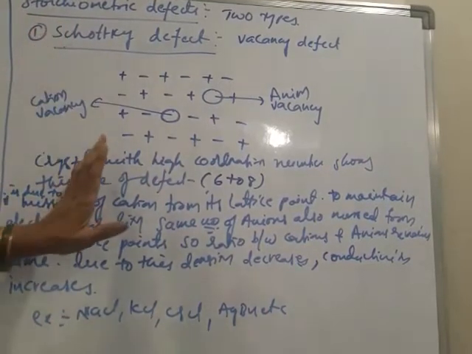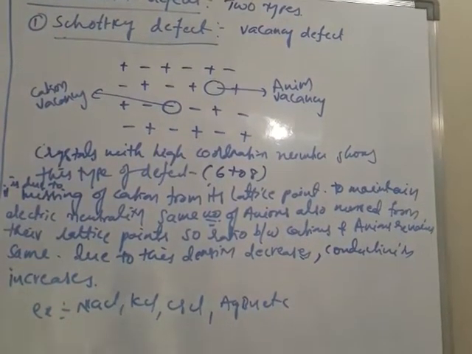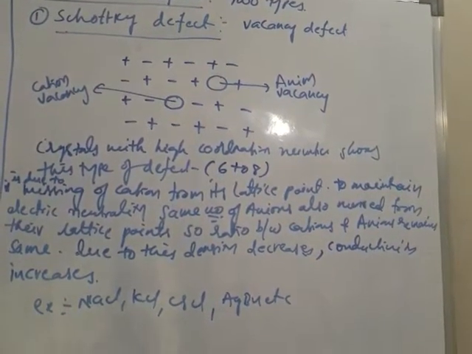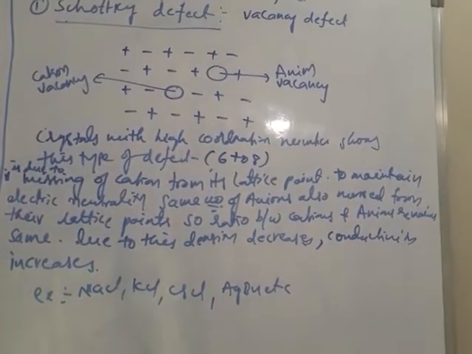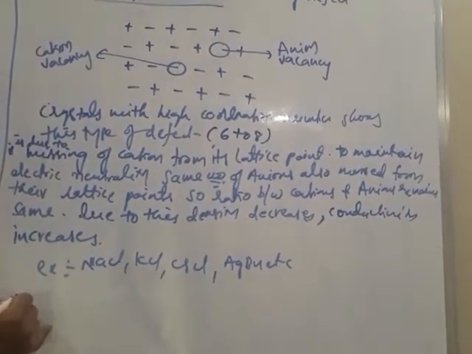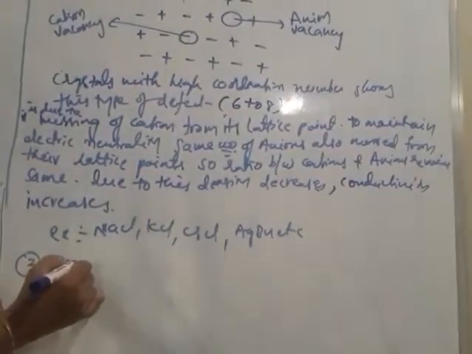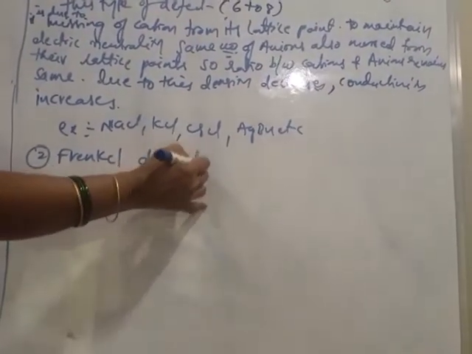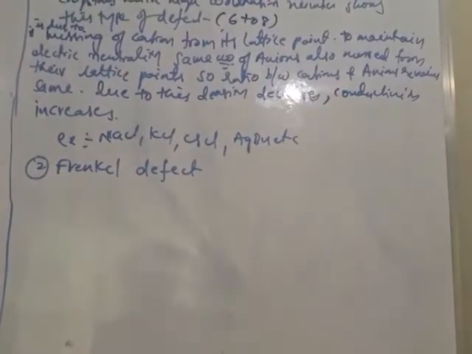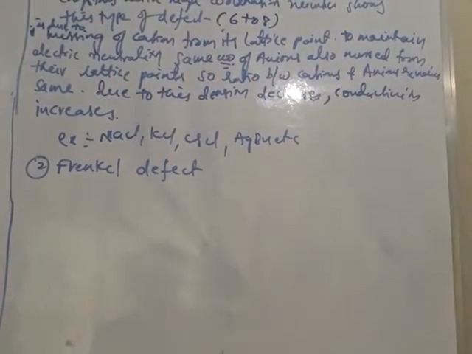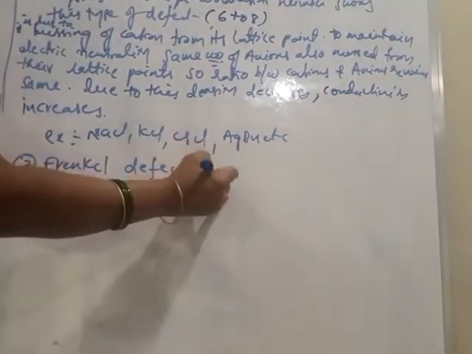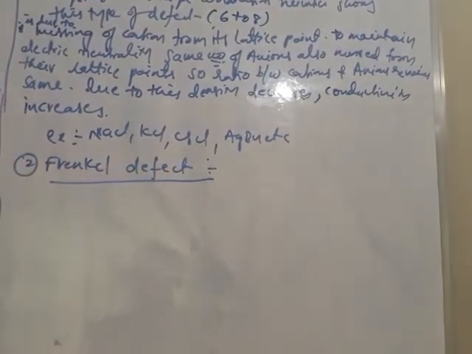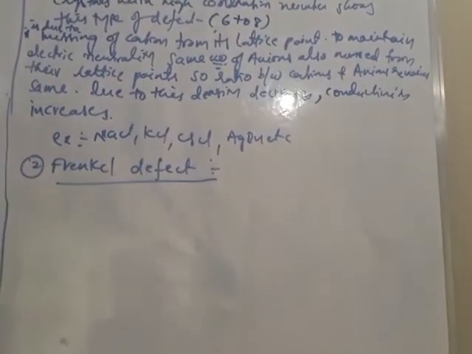Then the next point defect, that is stoichiometric defect, Frenkel defect. Frenkel defect is also a vacancy defect, a point defect.